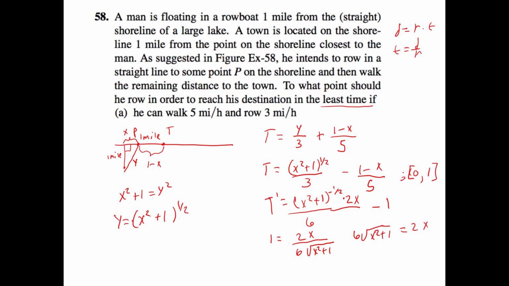Square both sides, and you get 36 times x squared plus 1 is equal to 4x squared. Distribute, and you get 36x squared plus 36 equals 4x squared.